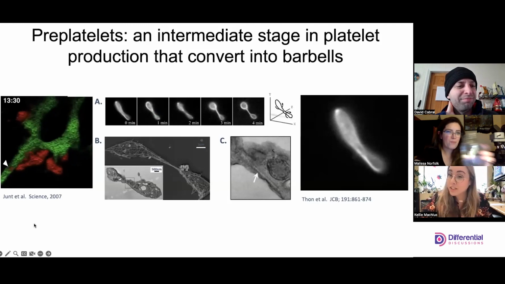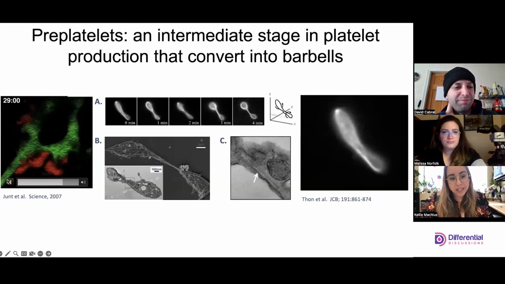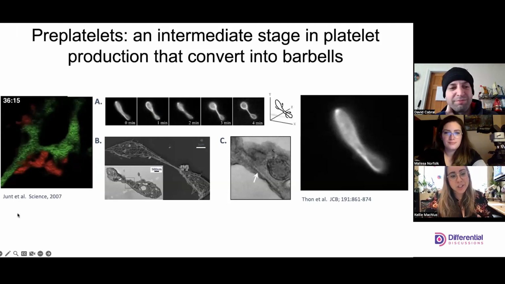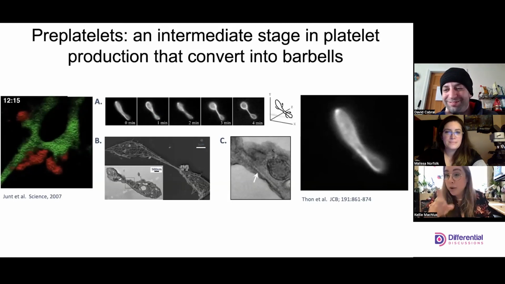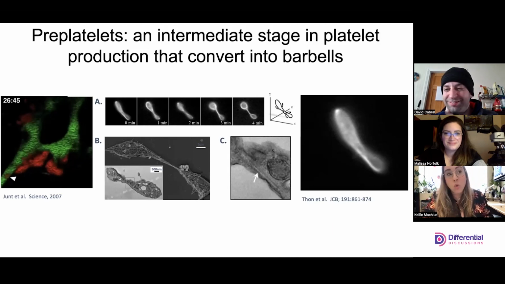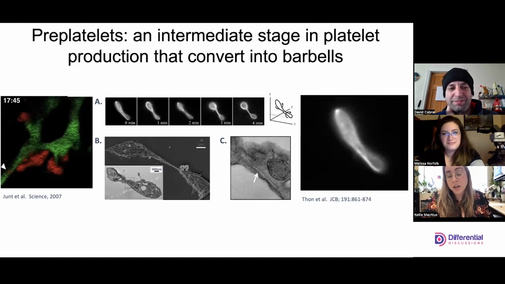This was one of the first intravital images of a Meg making platelets, and we captured it. I remember when it came out and we were like, oh my God. You have to think about this: we have no idea which megs are going to make platelets and when they're going to do it, so literally these people are just looking for megs and watching them.